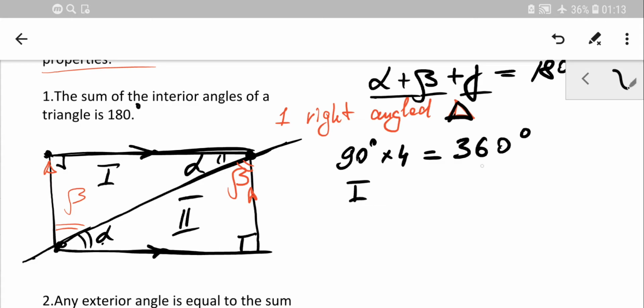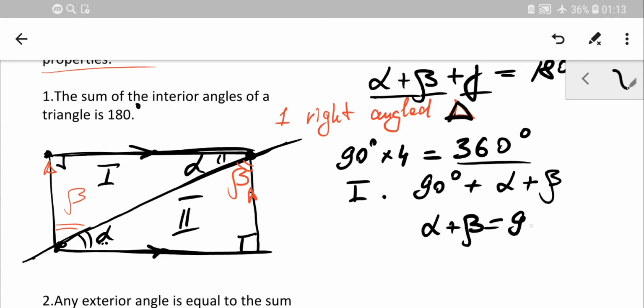So it means we have half of 360. Indeed, we have 90 degrees plus alpha plus beta, right? And because they are equal, we can figure out that alpha plus beta is 90 degrees, because they arrange a 90 degree angle here, for example.